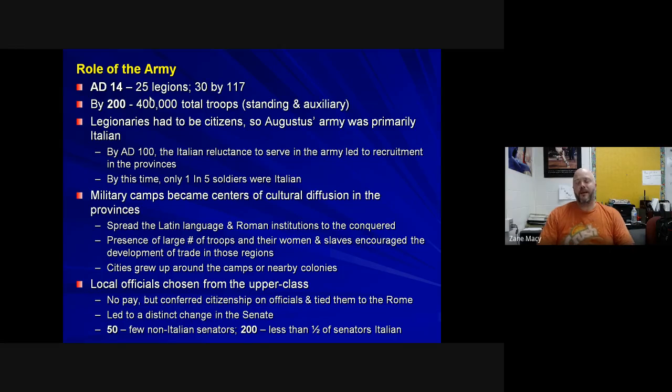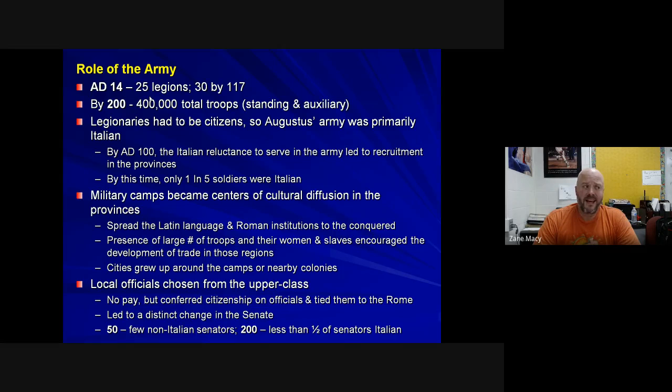One, these people that are joining may have been the people that the Romans were fighting against initially when they seized a territory. So you could deal with the issue of these people weren't completely loyal to the Roman cause.